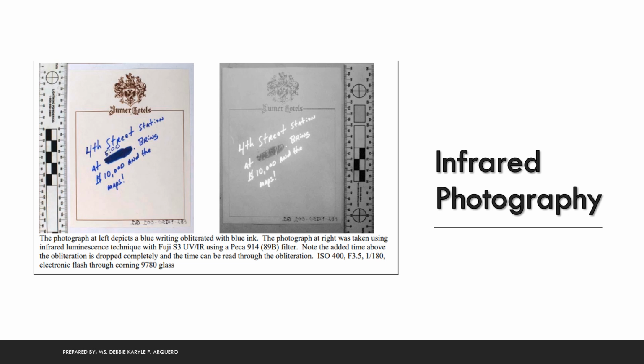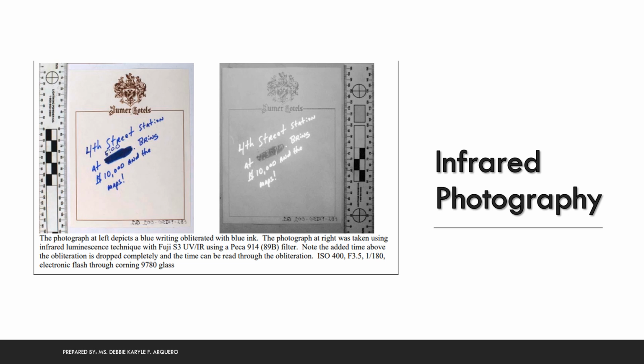For example, we have here a sample photo on the screen. There is erased text. Makikita ninyo with the use of infrared photography, on the right side na tinakpan ng blue ballpen yung nakasulat na 4:30 p.m. With the use of infrared, naging visible pa rin yung tinakpan na nakasulat doon.